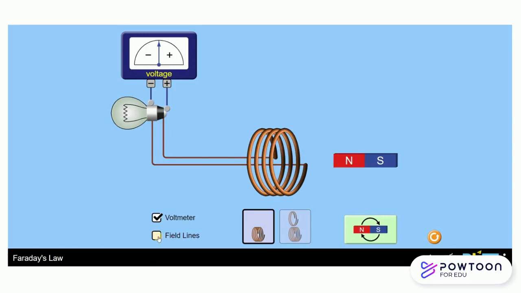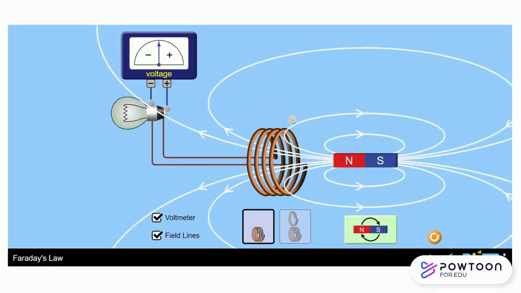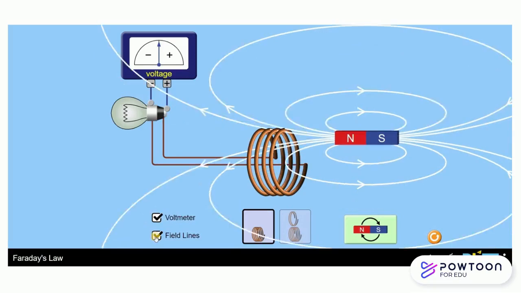So let me open up the field lines. A flux is depicted as lines in a plane which contains or intersects electric charge poles or magnetic poles. We have 1, 2, 3 and 4 field lines going through this area right here. So it is telling us what the flux is.